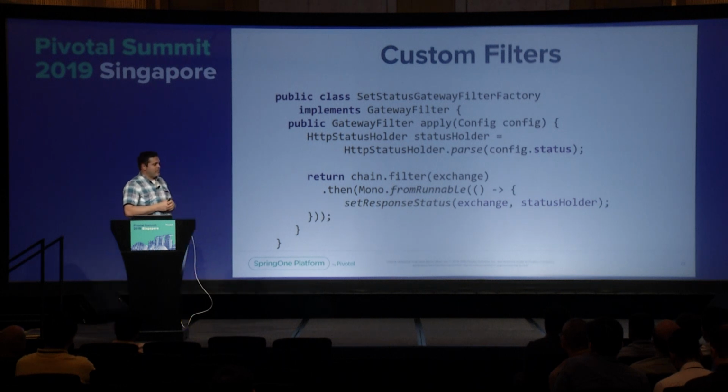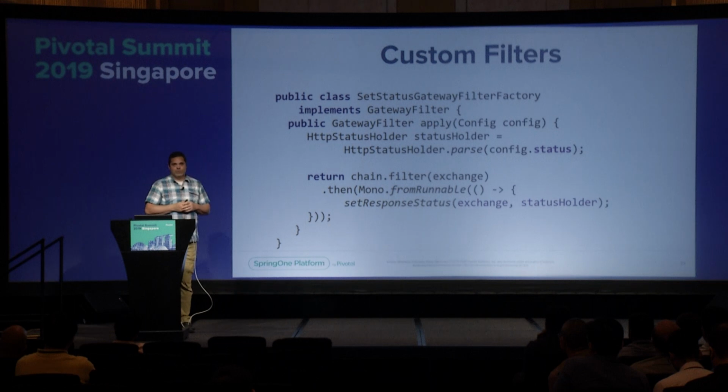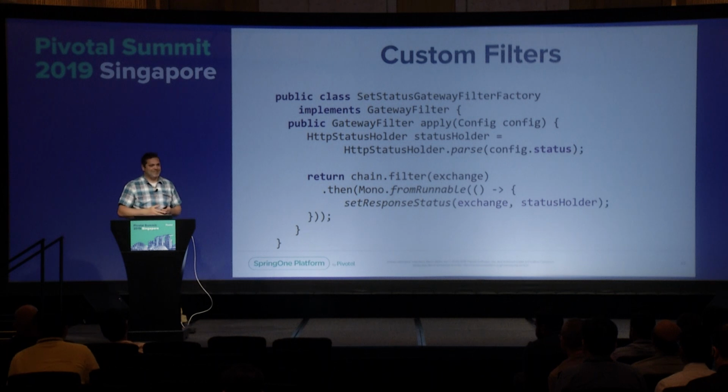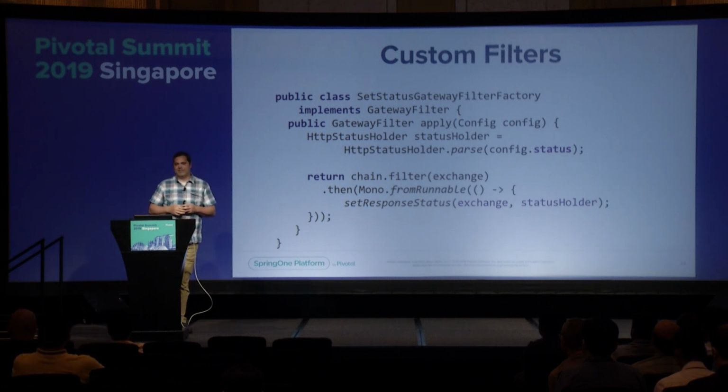Well, when they announced Zuul 2 a number of years ago, they published a snapshot of the source code, and I looked at it, and Zuul 1 has some really weird contracts in its API. If you've ever written a Zuul filter, you're required to return something, but you can just return null because nothing ever reads the return value, right? So there's odd things like that. Lots of static methods and values and things.